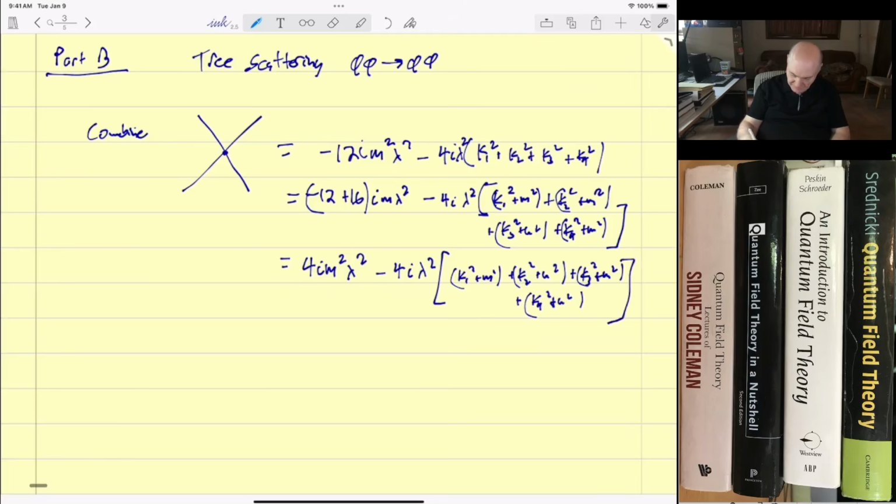Okay, so this is the 4-point tree, I'll call this iT 4-point tree.